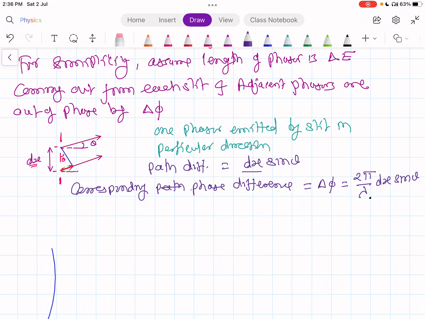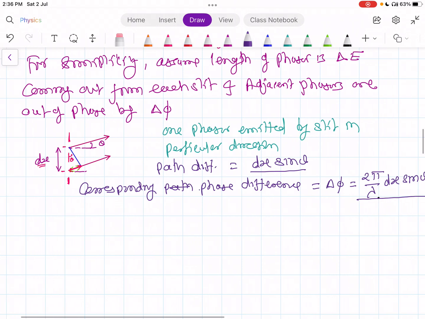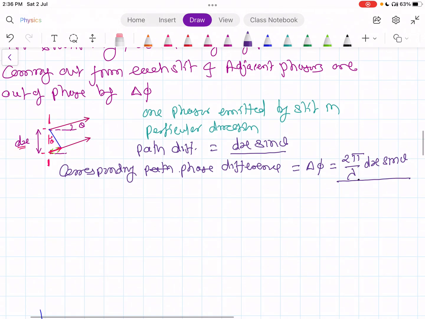So we have the path difference dx sine theta, and the corresponding phase difference is 2 pi by lambda dx sine theta. This is the graphical method. And by using this method, we will find the intensity at point P0 or any other point on the screen.